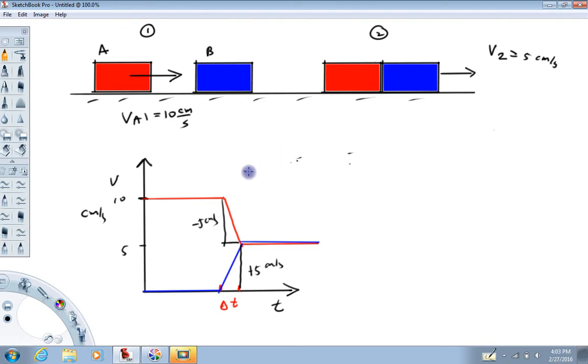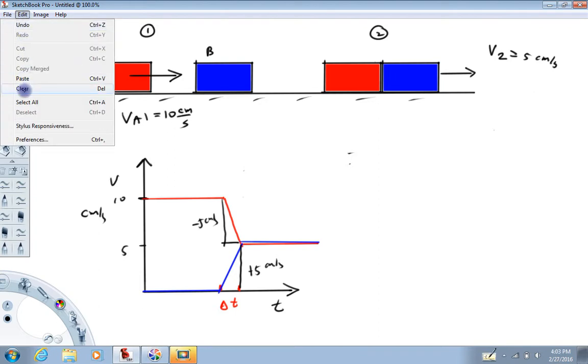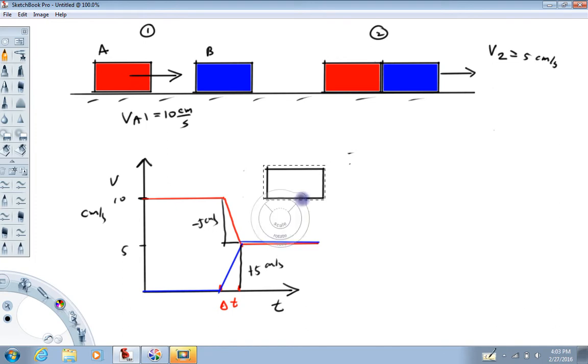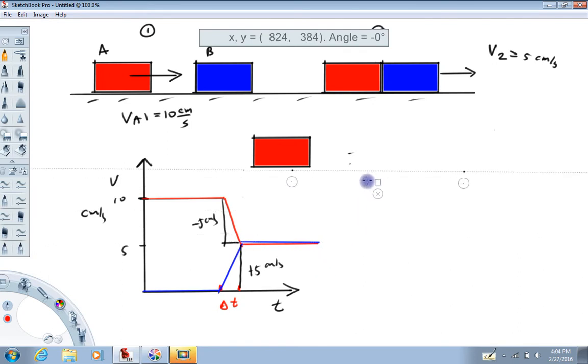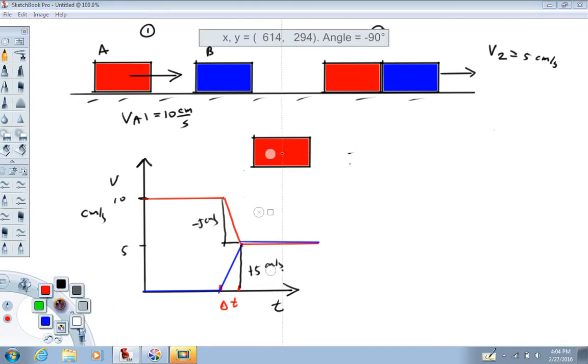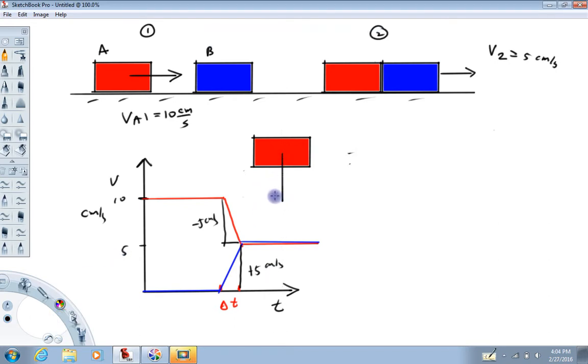If we look at these things individually, let's make one of these masses up. All right. And let's take a look at mass A here. So I'm going to color that red. If we look at the forces acting on that mass during the impact, and that's important, we're talking about during that tiny little time frame, I'm going to put force vectors in here, in black. We've got a gravitational force down, mg.